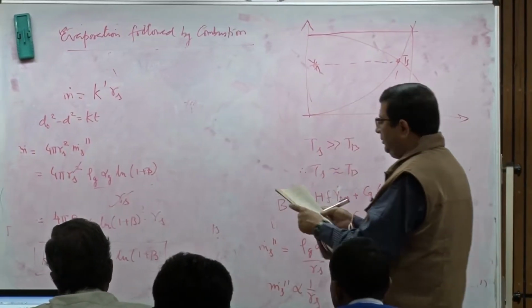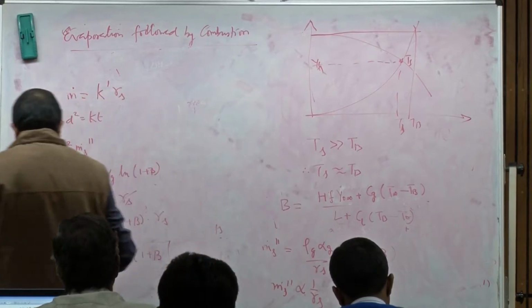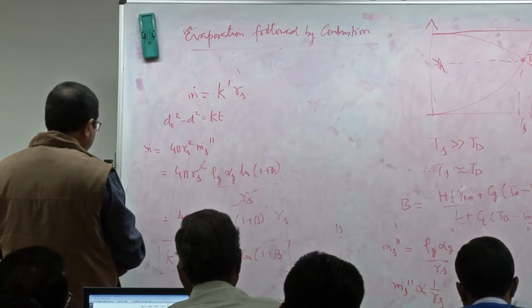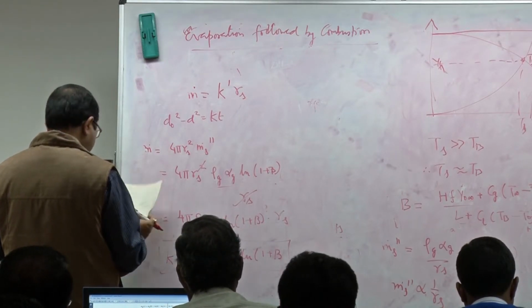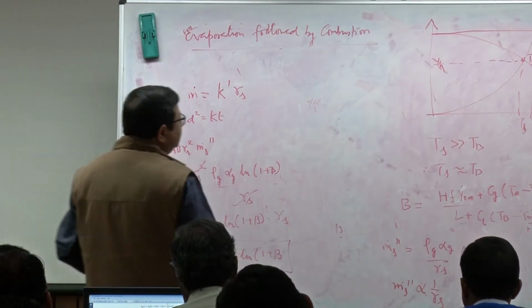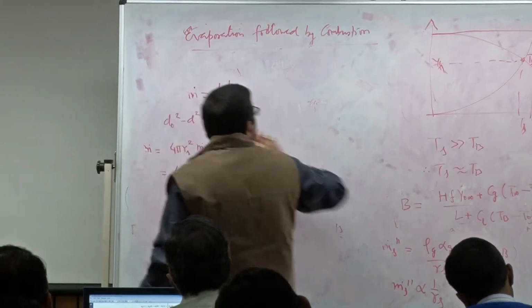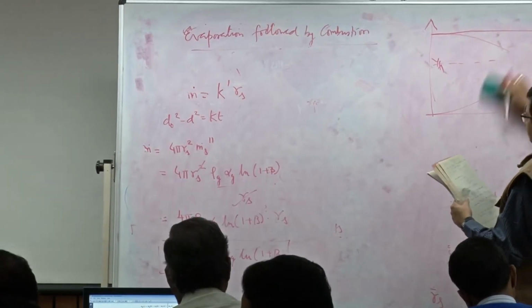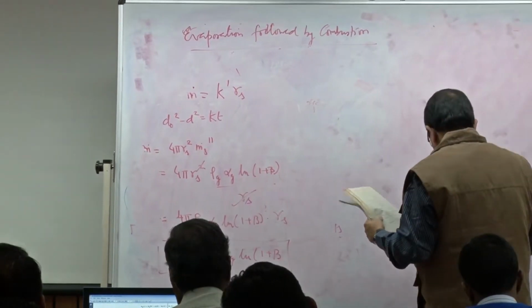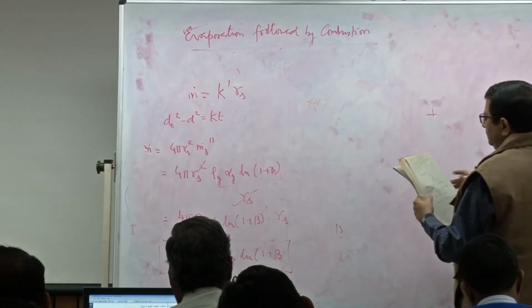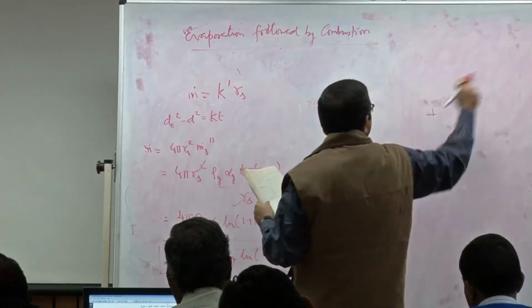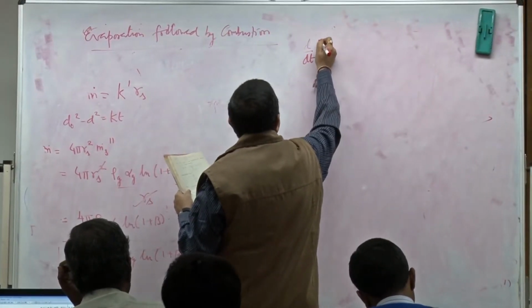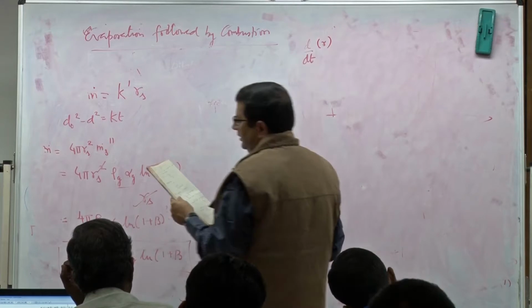We still have to do another constant, which is, let us come back to this equation. Now, from the solution that we had for the m dot s, we had an expression for dr dt, right.